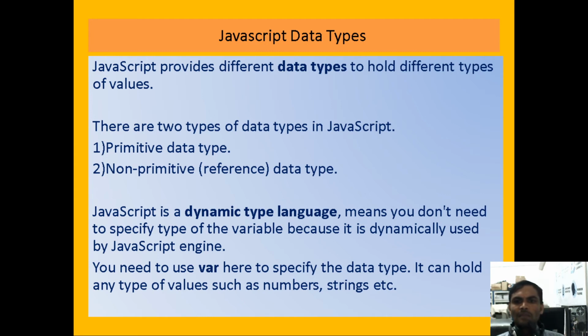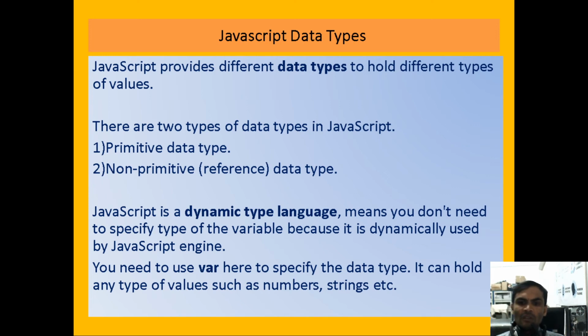Under JavaScript, data types are categorized into two types: primitive data types and non-primitive data types. The non-primitive data types we can call reference data types. JavaScript is a dynamic type language, as I said just now. It means you do not need to specify the type of the variable.